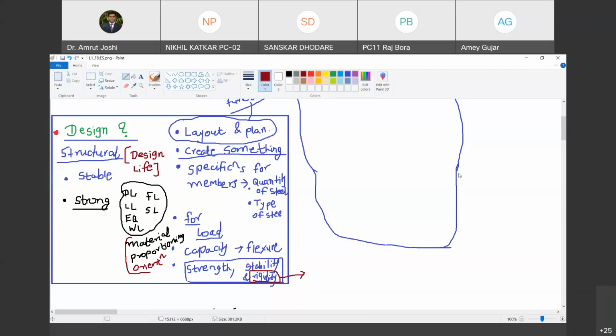Yes, sir, go ahead. Rigidity means how rigid the structure is. The term itself says. But what is rigid? What is the meaning of the word rigid? Rigid means stiff. Okay. So yes, often we use the words rigid and stiff interchangeably, but rigid is not stiff. Rigid is infinitely stiff.